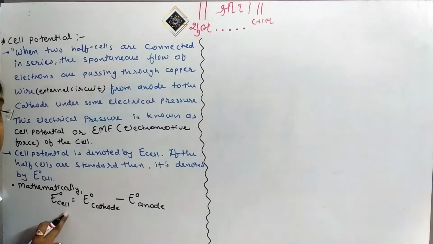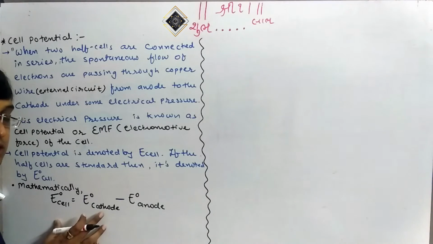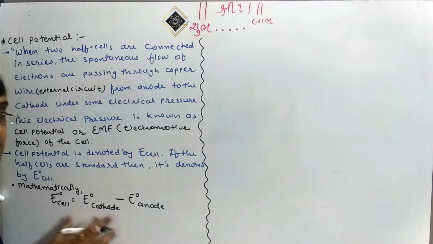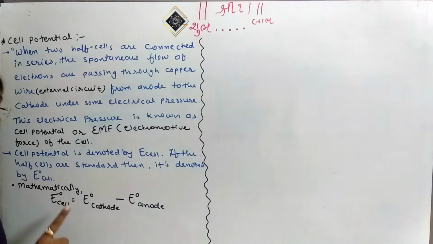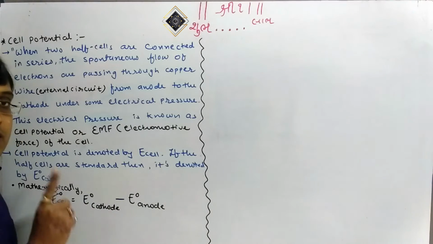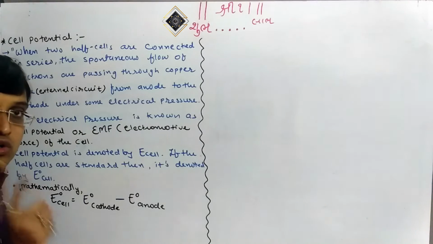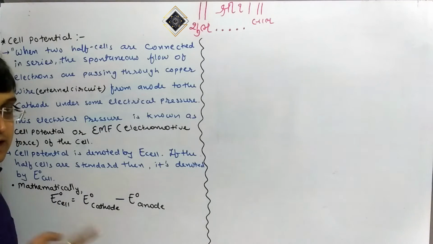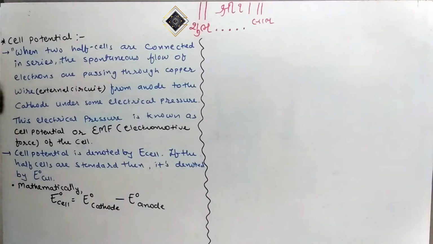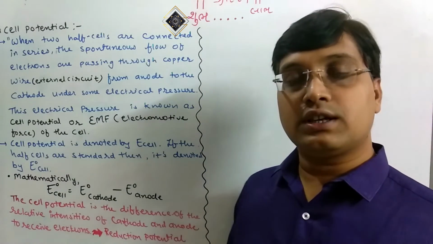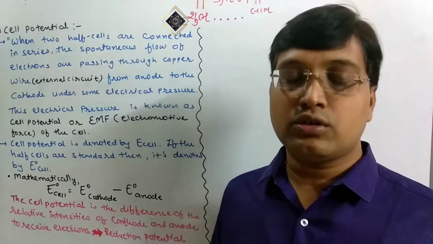This representation is in the form of reduction. So what will be the inverse representation of this mathematical form? The cell potential is the difference of relative intensity of cathode and anode to receive the electrons. Clear? Mathematically, E0 cell is E0 cathode minus E0 anode.